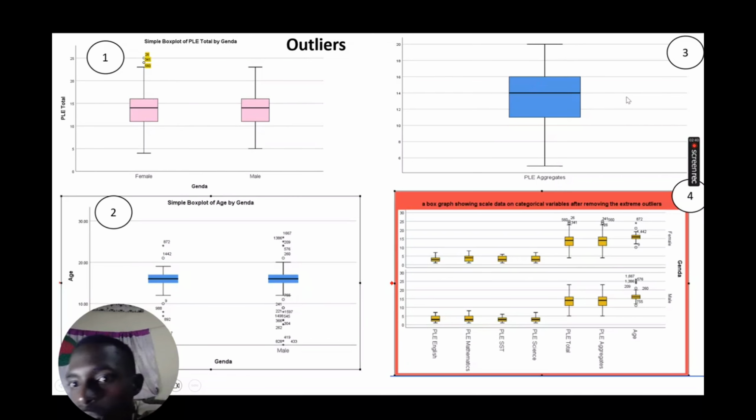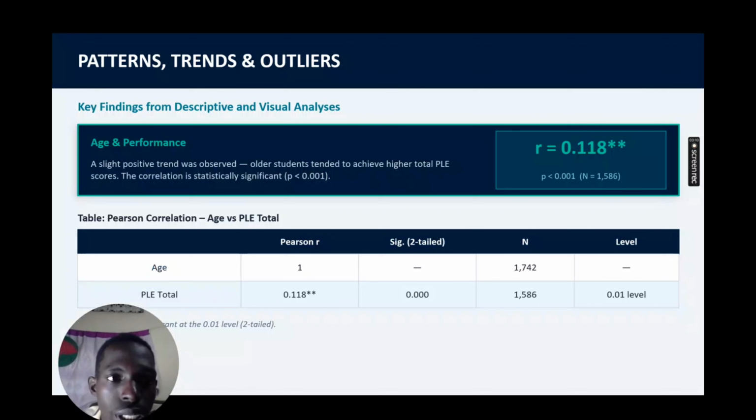So in figure 3 we see the PLE aggregates after removing all the outliers, and figure 2 shows gender and their ages. So here it shows a box plot showing scale data on categorical variables after removing the outliers. That is what summarizes that.